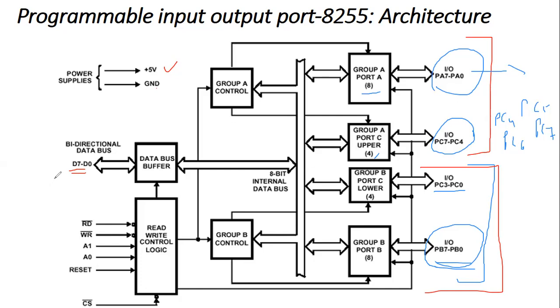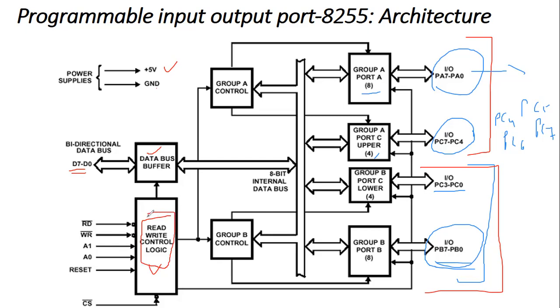Now there is a read-write control logic. What is the function of this read-write control logic? It manages all the internal and external transfer of data and control words. The data bus buffer stores the data temporarily, but the transfer of data and control words is done by the read-write control logic.